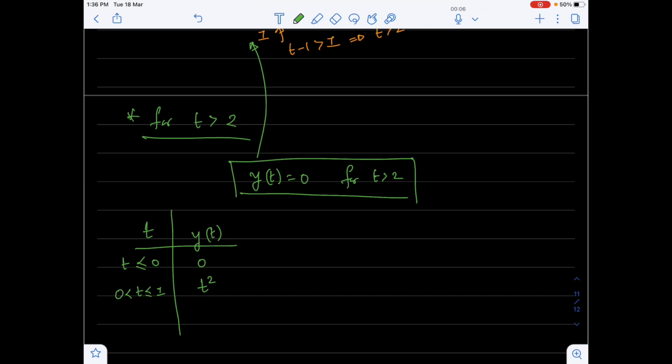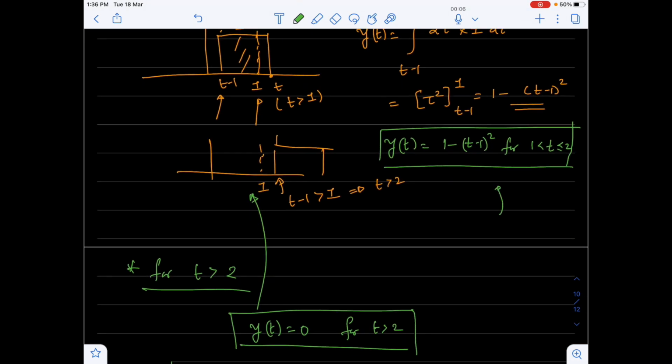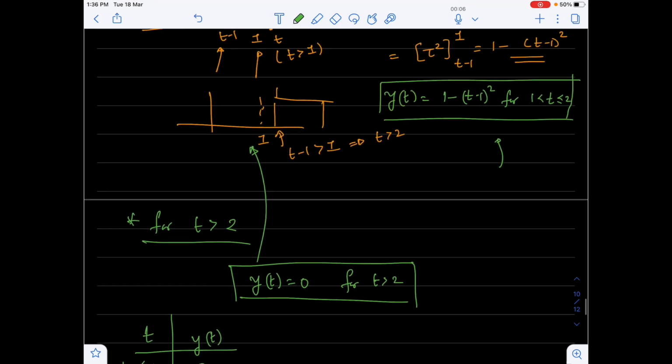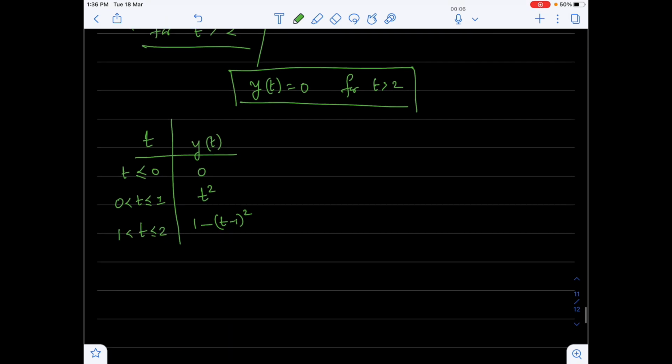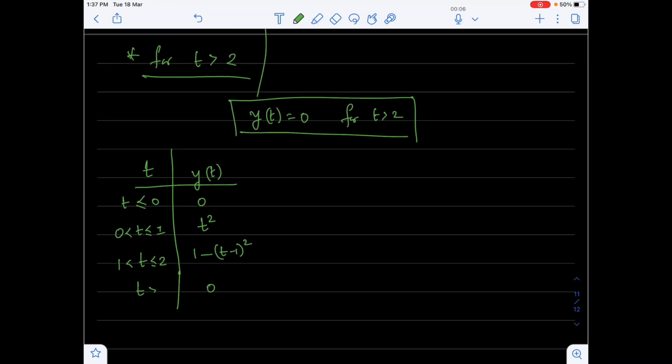Then between 1 and 2, it is 1 minus (t minus 1) the whole square. And it is equal to 0 for t greater than 2.